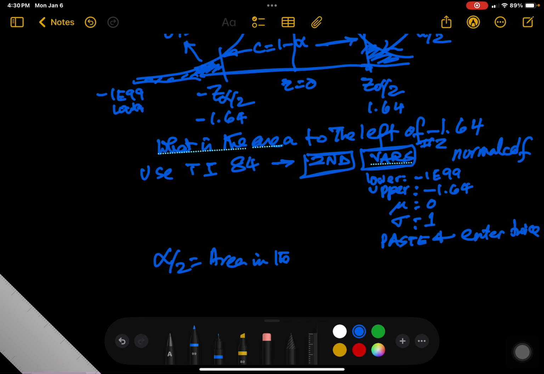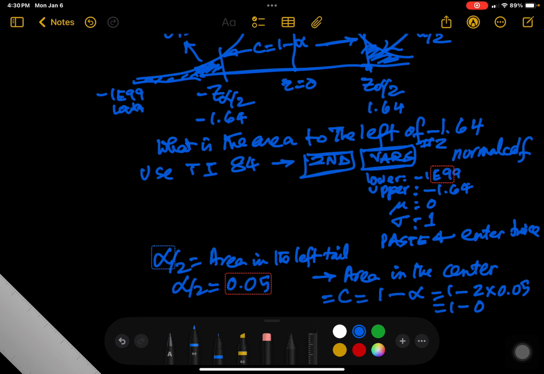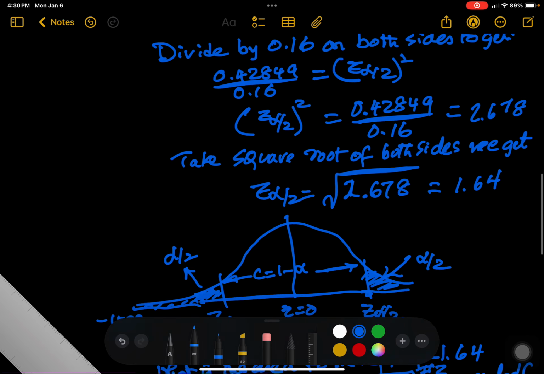In the left tail, alpha by 2 is 0.05, which means the area in the center, the confidence level, is 1 minus alpha, which is 1 minus 2 times 0.05, or 1 minus 0.1, which is 0.9.